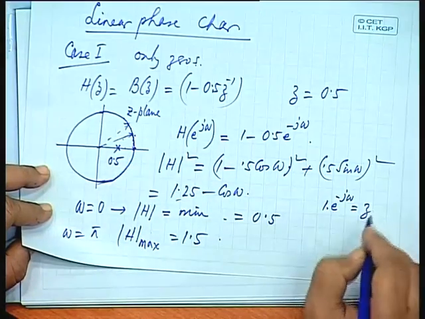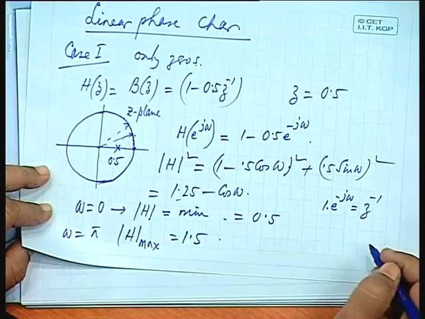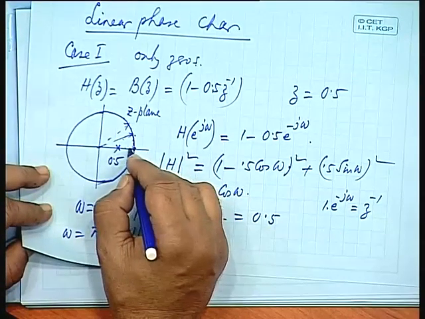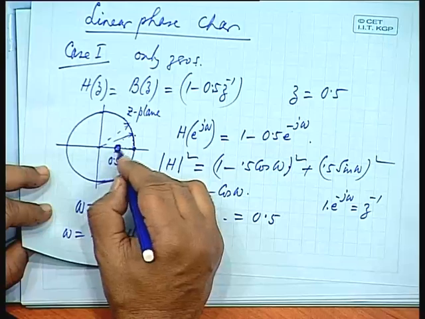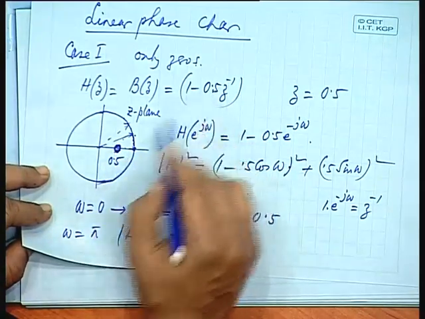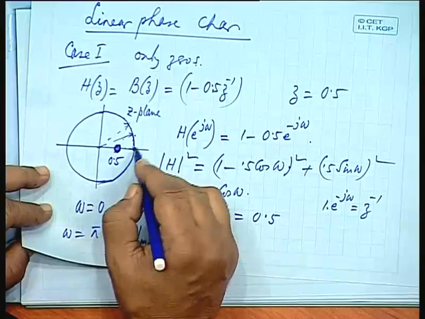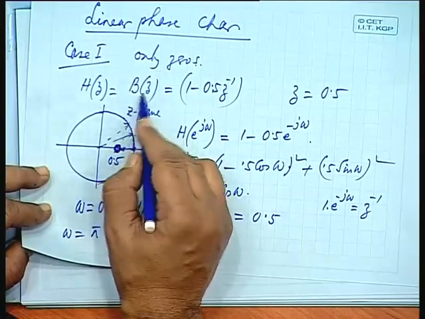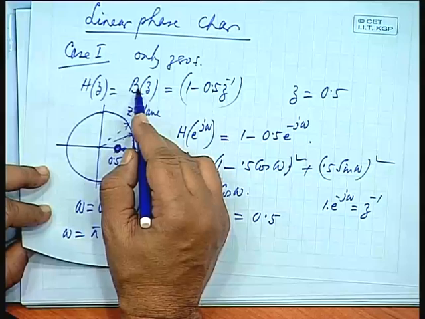This is the substitution that we are making for z inverse. So, I am going along this. How much is this distance? I will put a 0 here because it is in the numerator, to be more precise, the root is shown as a 0. So, if I go along this, how much is this distance? That is given by this B(z), is it not?